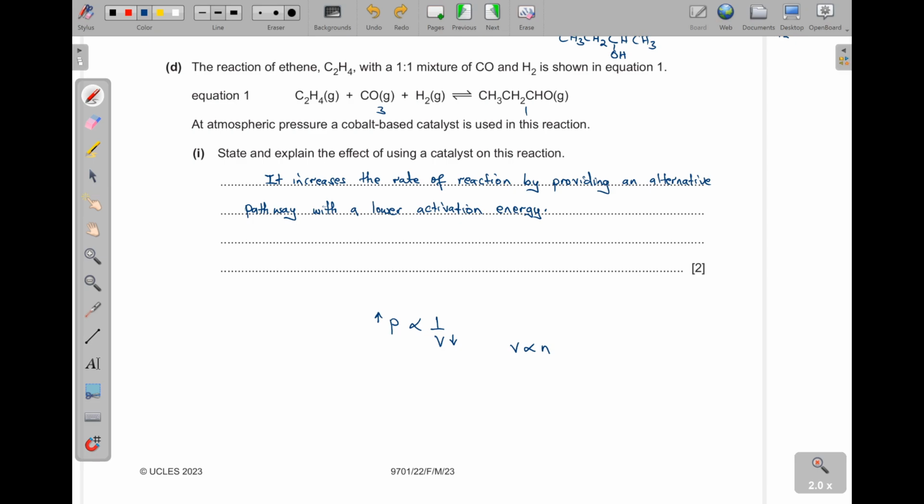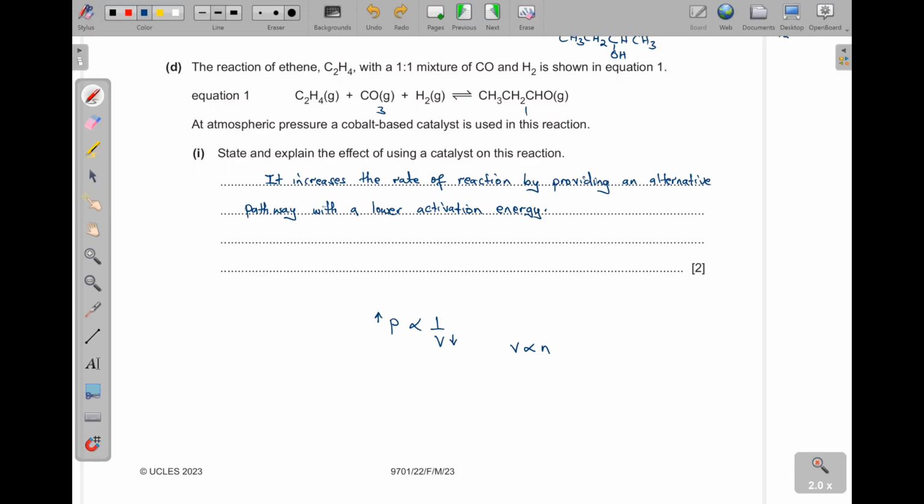So when you increase the pressure, the position of equilibrium is going to shift to the side with fewer gas moles, which is this side. You see that? So it will shift to this other side. That's why you are going to get more yield here.